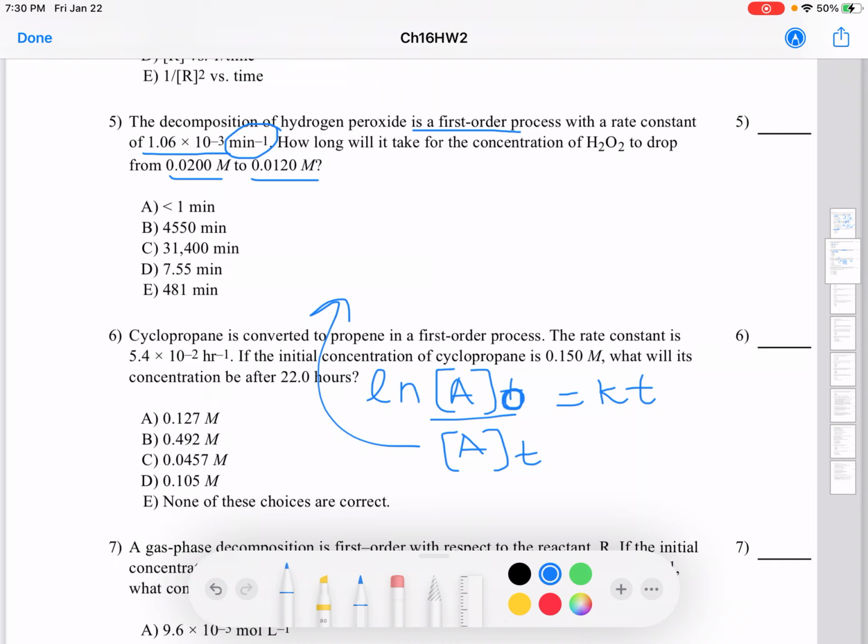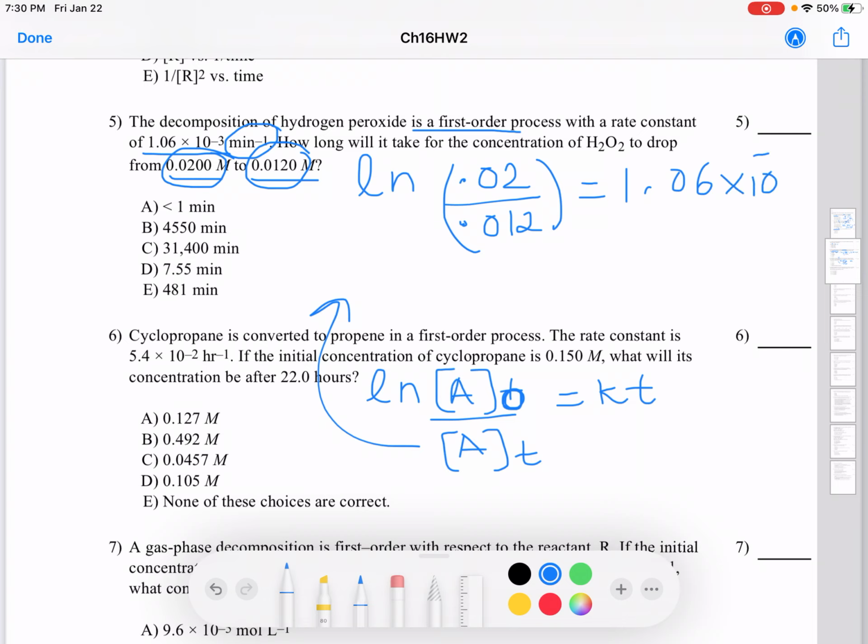So how are we going to use this information? The concentration at the beginning is this A naught, and this is going to be your At. So ln of the concentration at the beginning, 0.02, over the concentration at a certain time, 0.012, equals the rate constant given, 1.06 times 10 to the negative 3 per minute, times t. t is what we are going to find out.